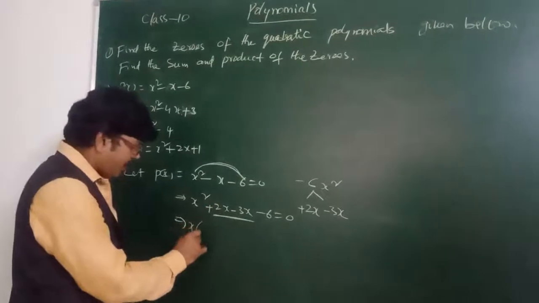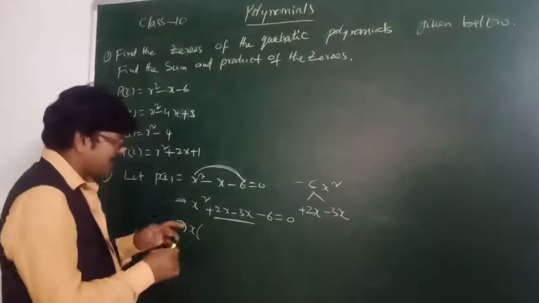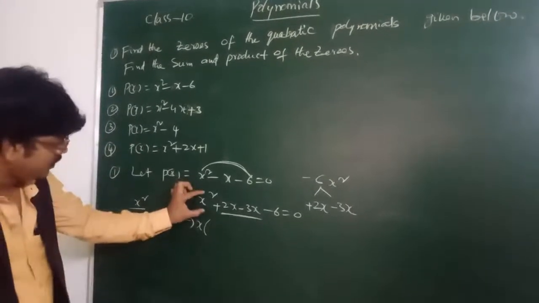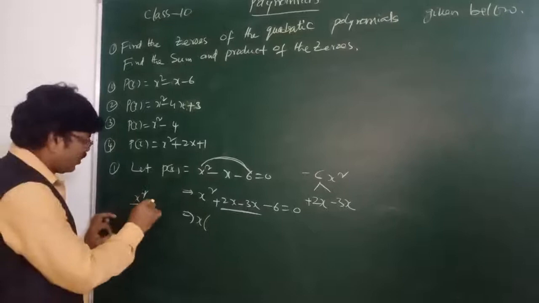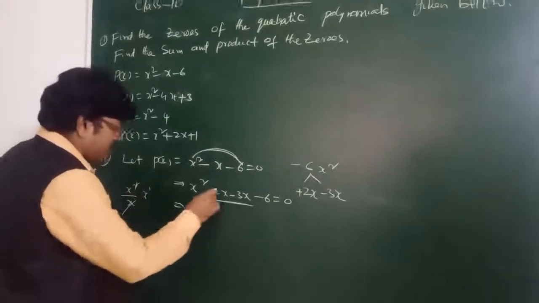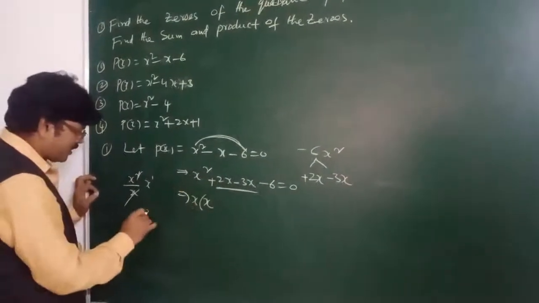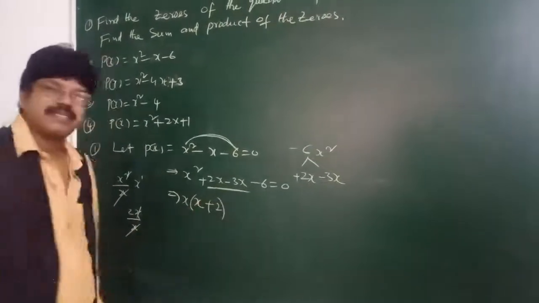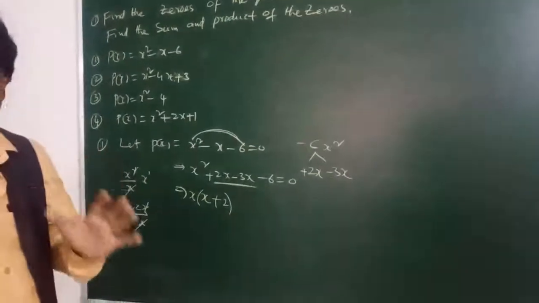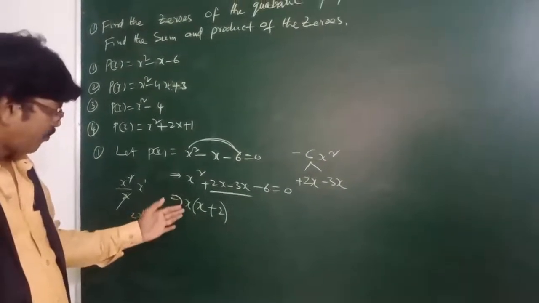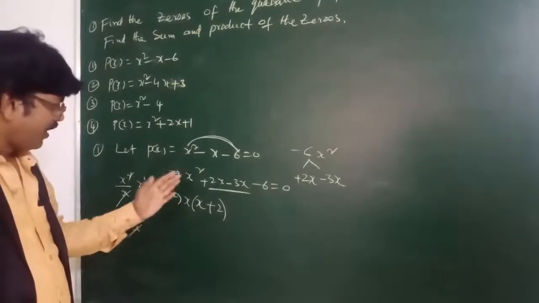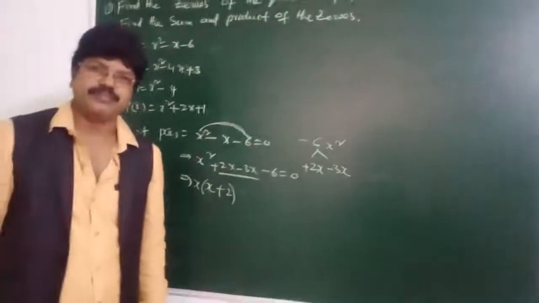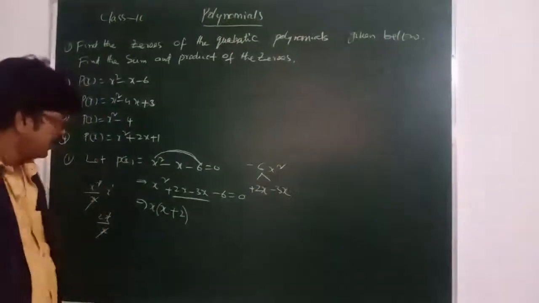So we take x common, which means dividing by x. x square divided by x is x, and 2x divided by x, x cancels, plus 2. We divide those terms by that number or by that variable. Did you get clarity?